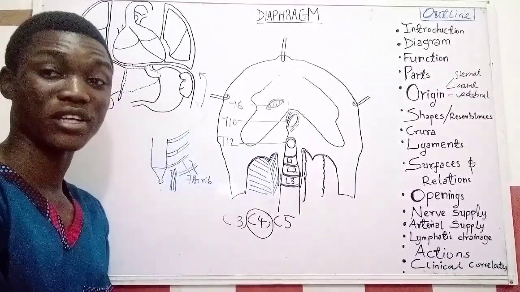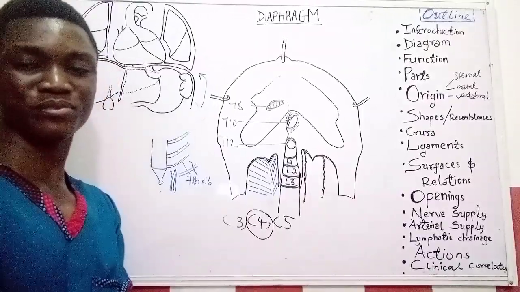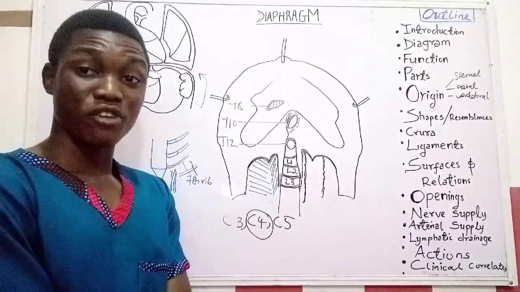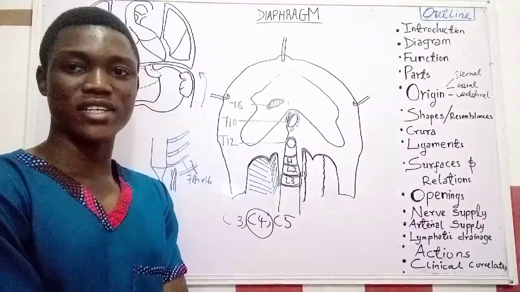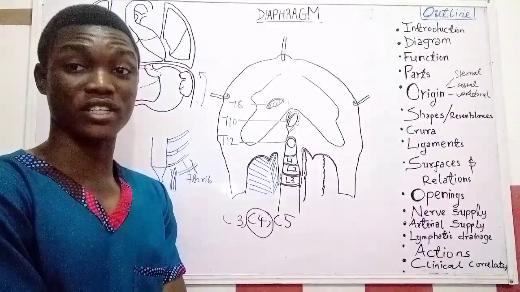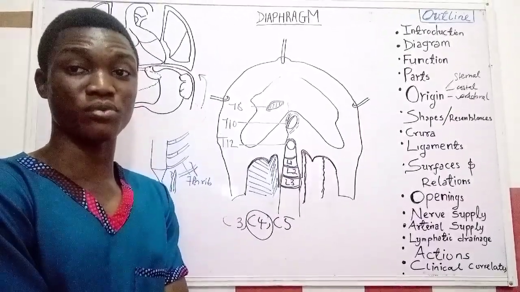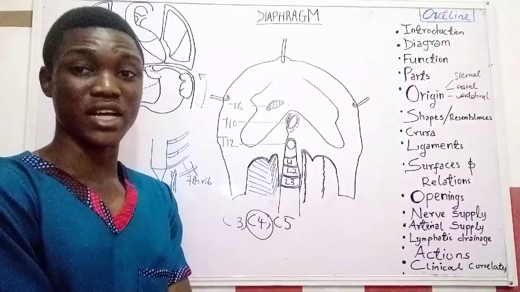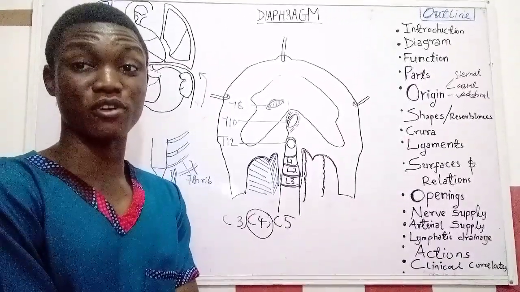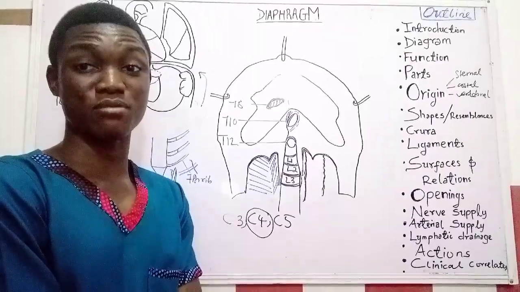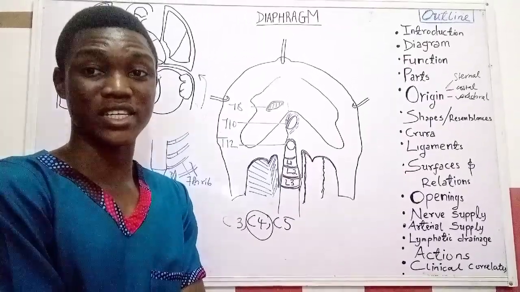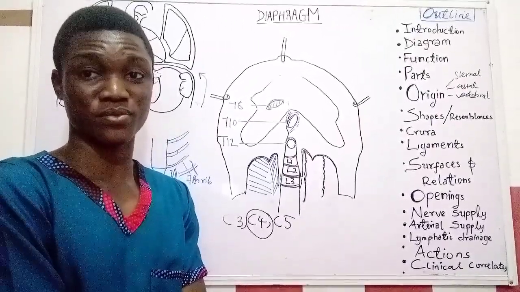Then next we'll be talking about the actions of the diaphragm. In the beginning of my lecture, I made mention of the function of the diaphragm, which is seen in respiration. I said the diaphragm is mainly involved in inspiration and passively involved in expiration.